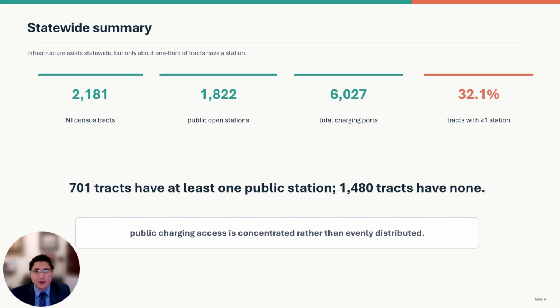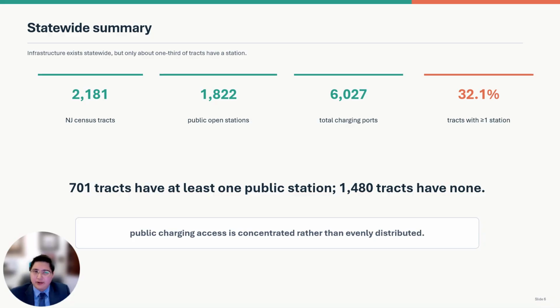So this is the statewide summary of our data. The analysis includes the 2,181 New Jersey census tracts. After filtering the station data, there are 1,822 public open EV charging stations and 6,027 total charging ports. But the most important number on this slide is 32.1%.